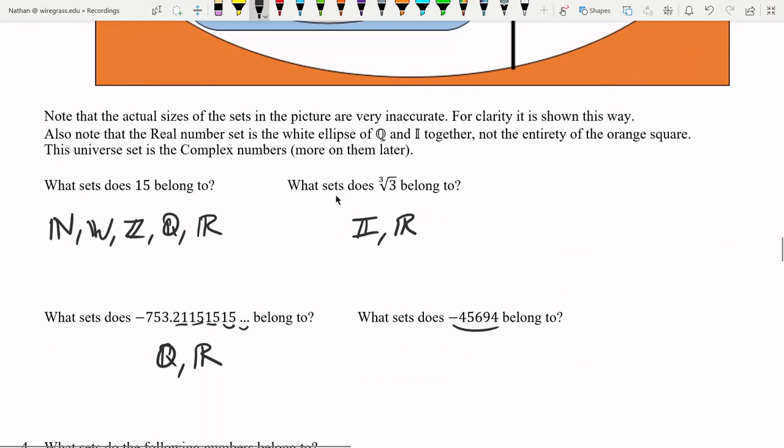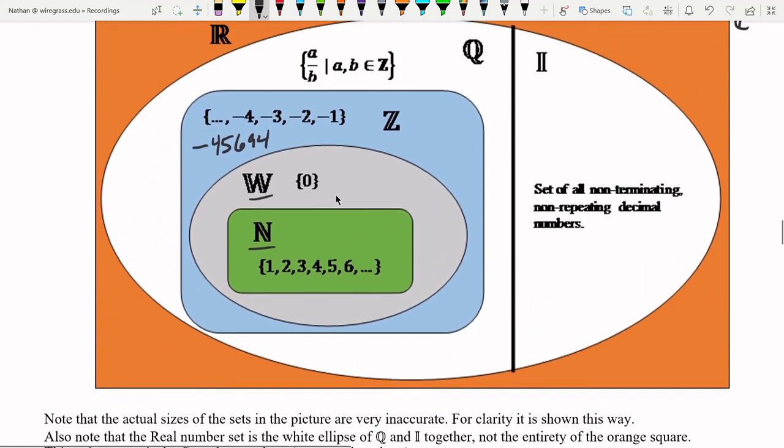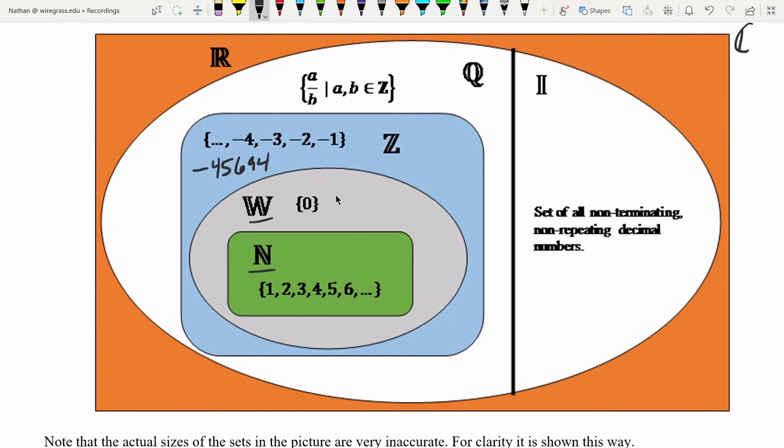Double check that. Yeah, 694. This is an integer. A negative integer is way down here. So it is not a natural. It is not whole. It's an integer. That means it's also a rational number, and it's also a real number.